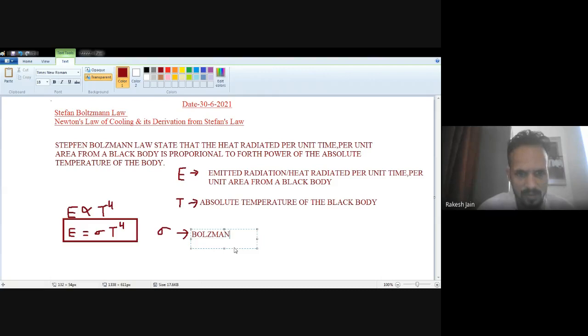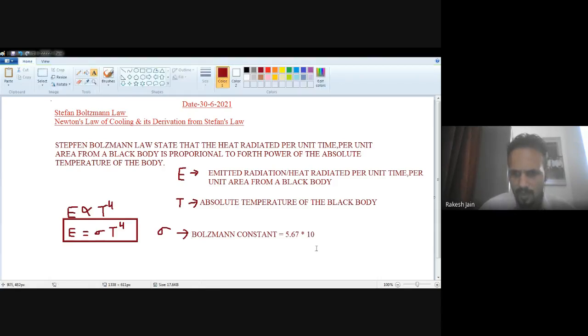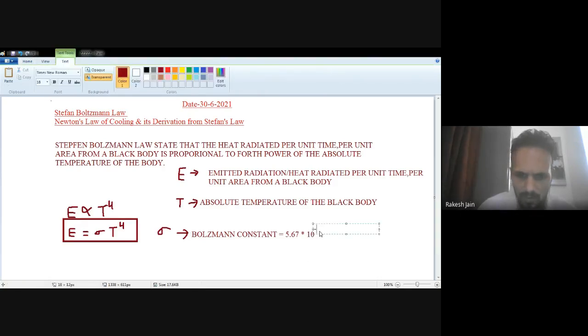It is given as 5.67 multiplied by 10 to the power minus 8. So it is known as the Stefan-Boltzmann law.